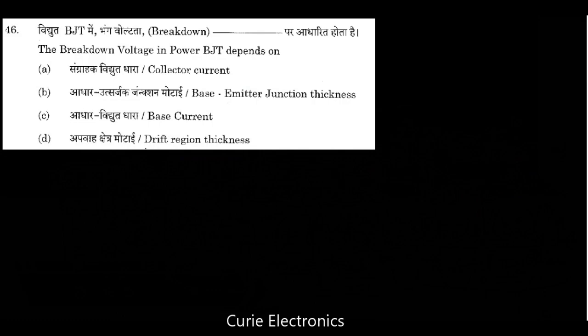The breakdown voltage in a power BJT depends on the drift region thickness. The dominant mode in a rectangular waveguide is... These waveguides, when I first saw them, I thought they were pipes.